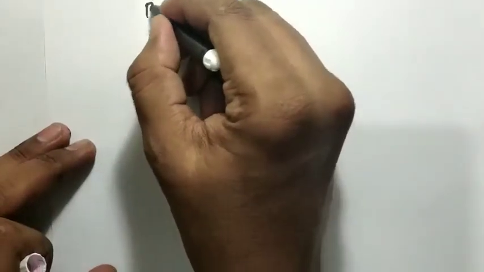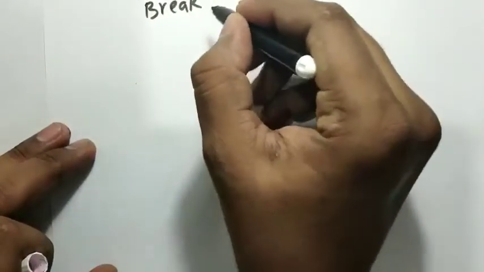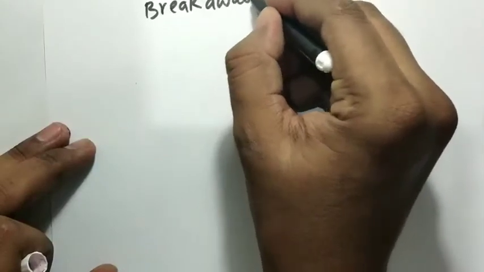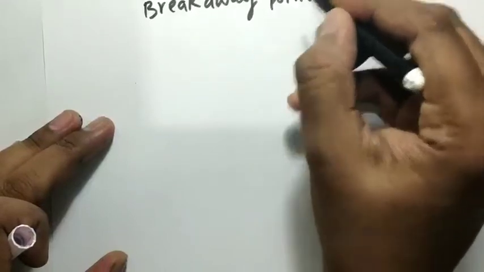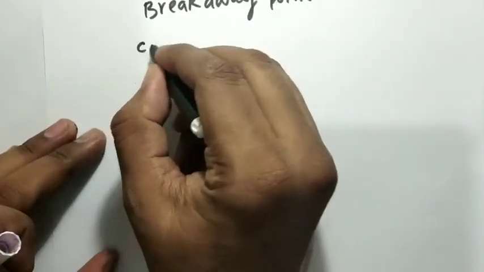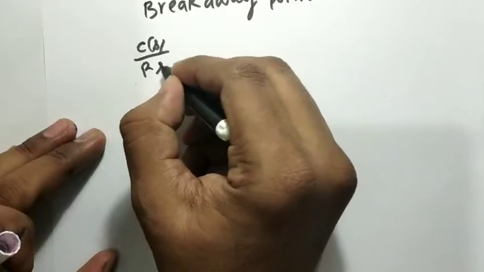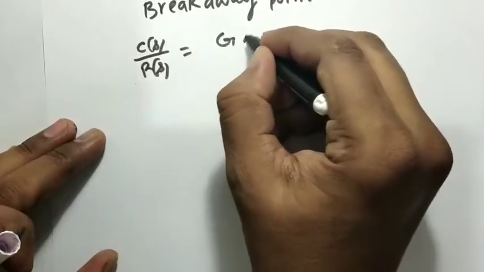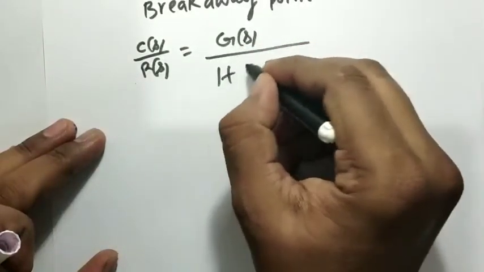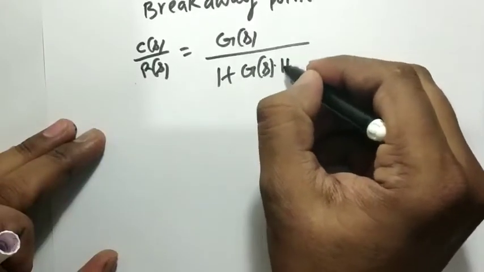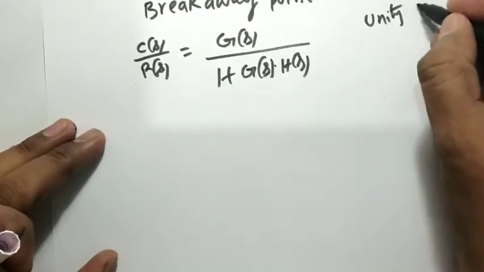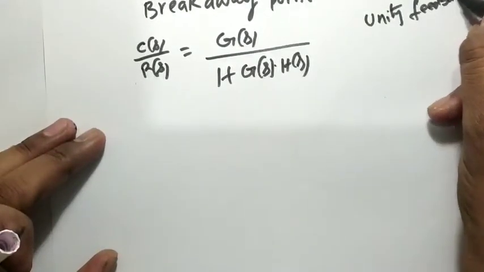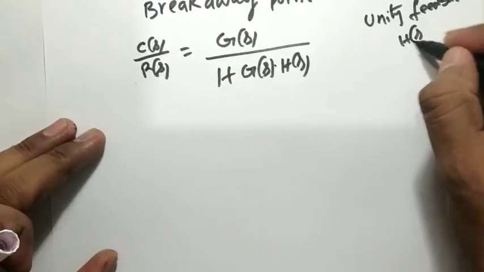To find the breakaway point, what is the formula? We have a closed loop system. So C of S by R of S is equal to G of S by 1 plus G of S into H of S. Here unity feedback means H of S is equal to 1.